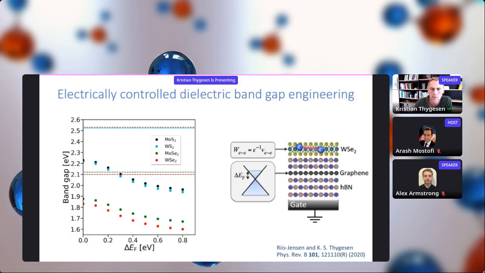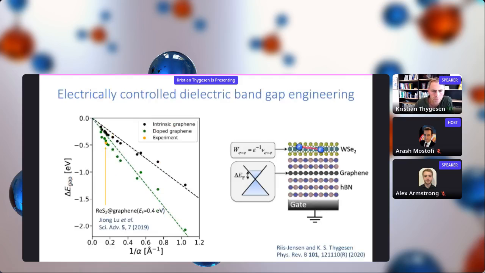In that way, we have a way of tuning the band gap in the material. This is in very good agreement with a single experiment that was performed on rhenium disulfide on doped graphene. So it actually works and agrees with experimental data.